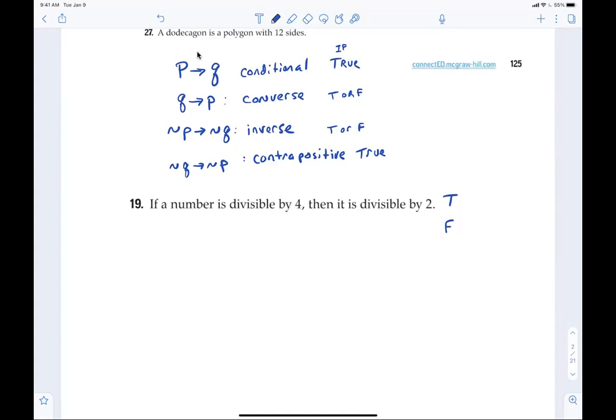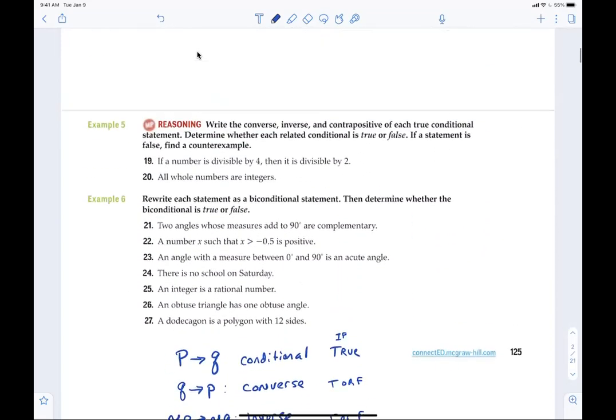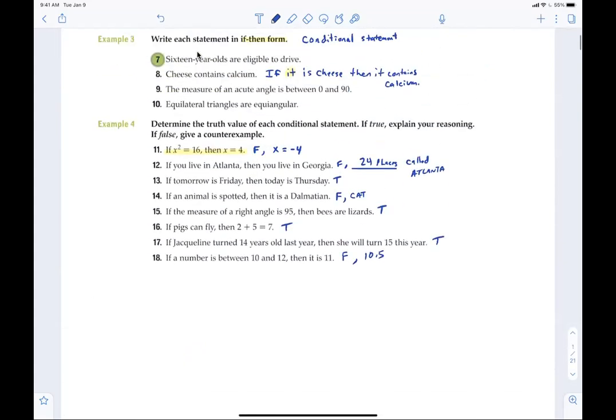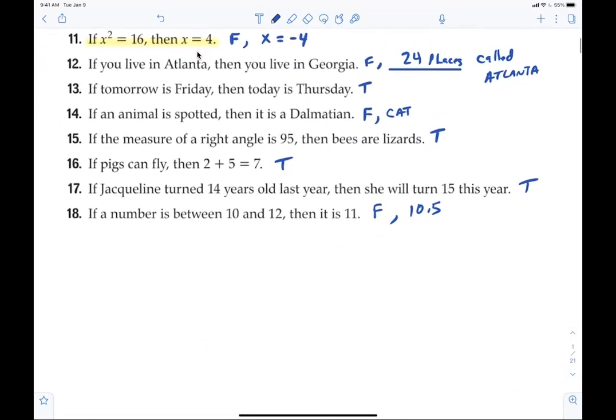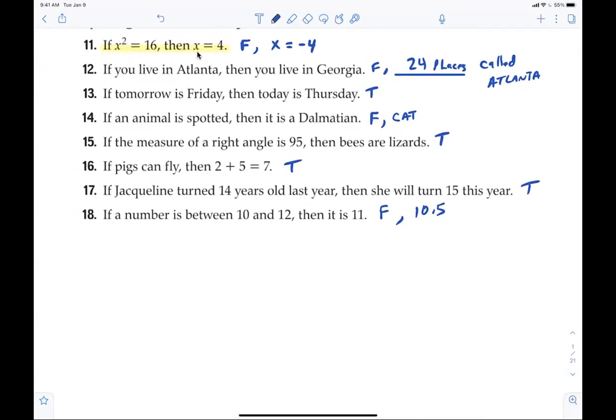Now, please, I'm asking for help. I have a question about number 14 and 12. If those are conditional, why aren't they true? If it's conditional, isn't it already true?